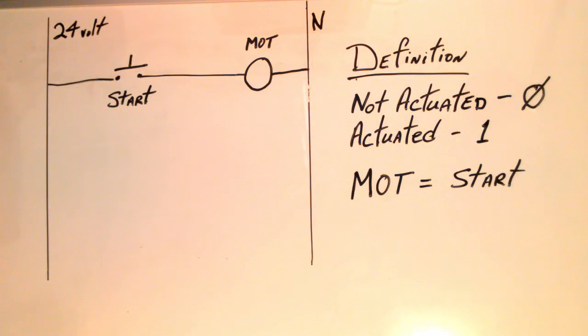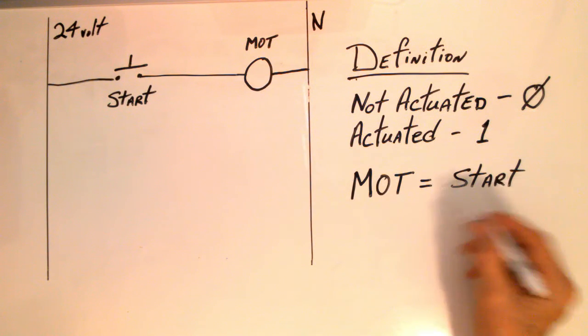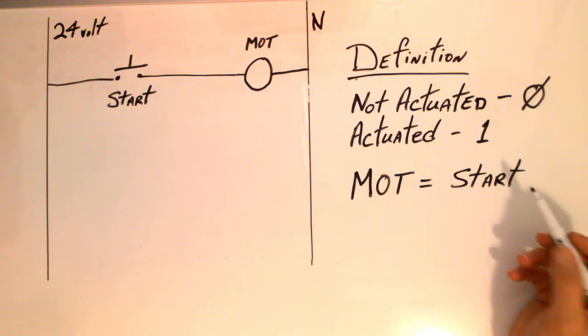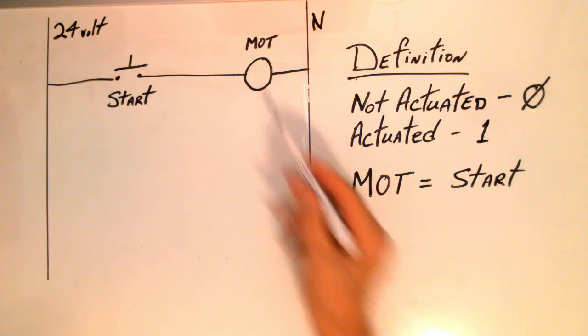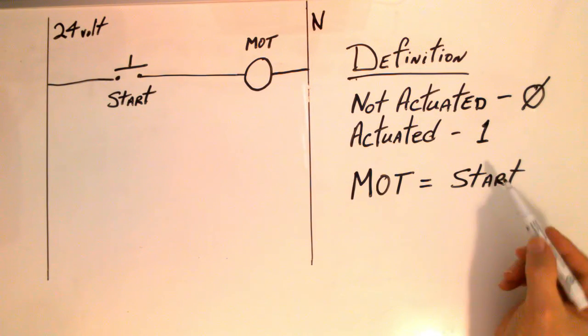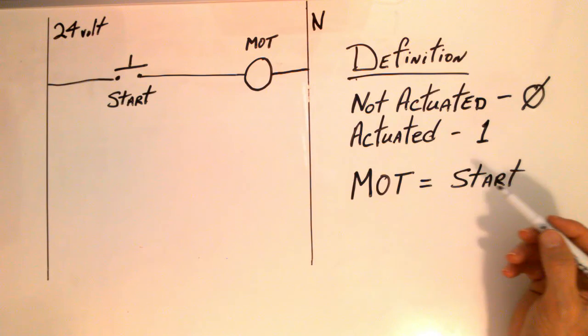So we just simply say that motor is equal to whatever the start button is. If the start button has not been actuated, the motor coil has not been turned on. So if start is a 0, MOT is a 0.